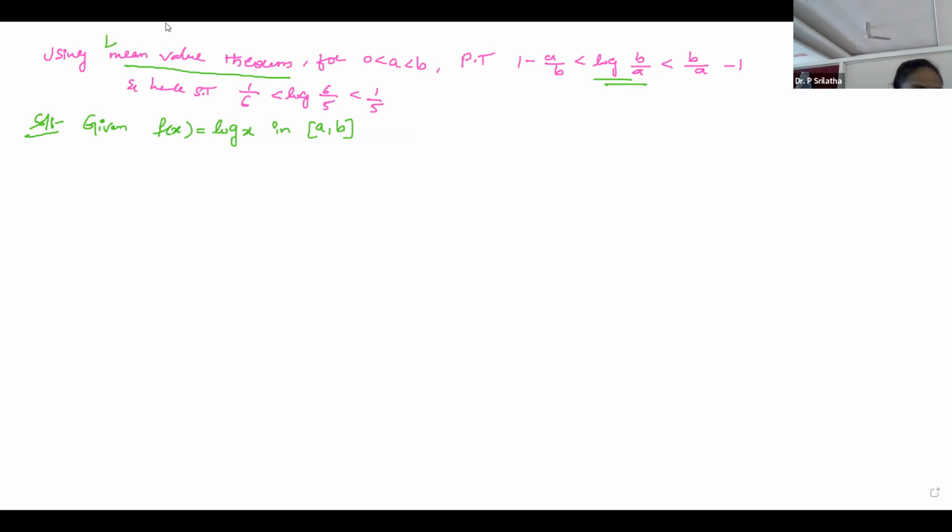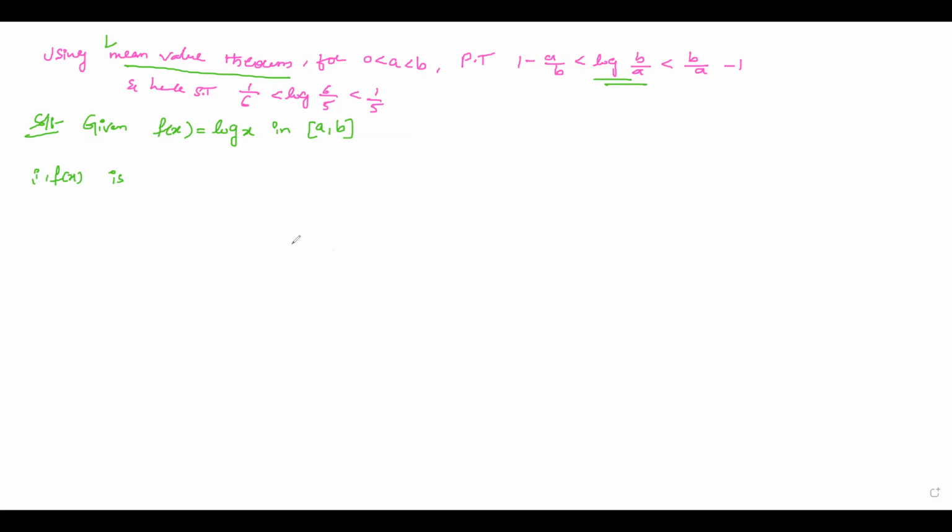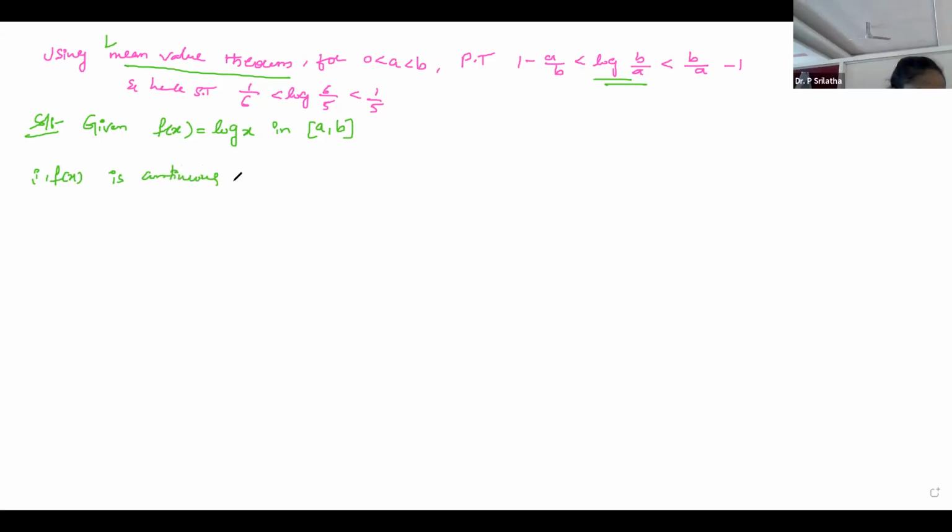So by Lagrange's mean value theorem, what is our first condition? f of x is continuous in closed interval a comma b.